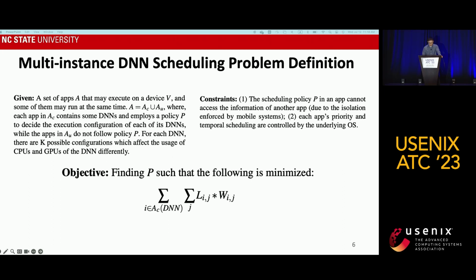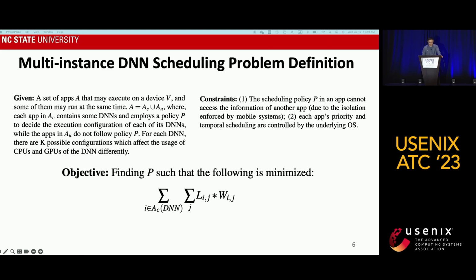We are given a set of applications and execute them on device V, and some of them may run at the same time. All the applications are in the set A, and each has its own DNNs, and they employ some policy P to decide the execution configuration of each of their own DNNs.